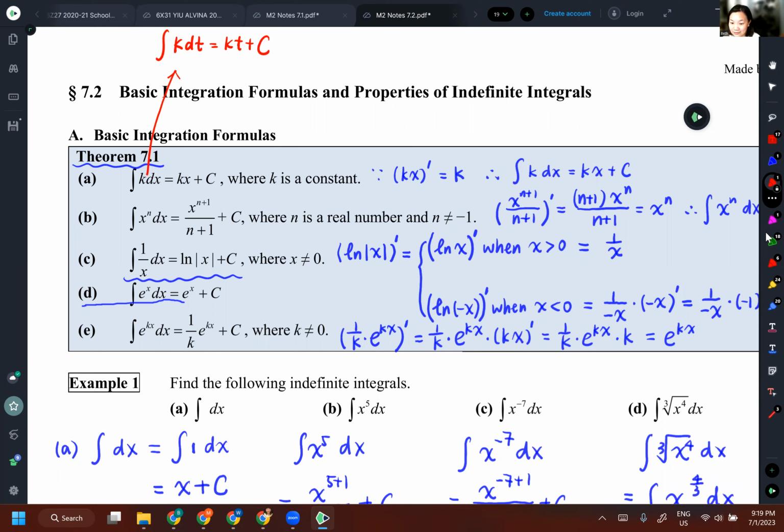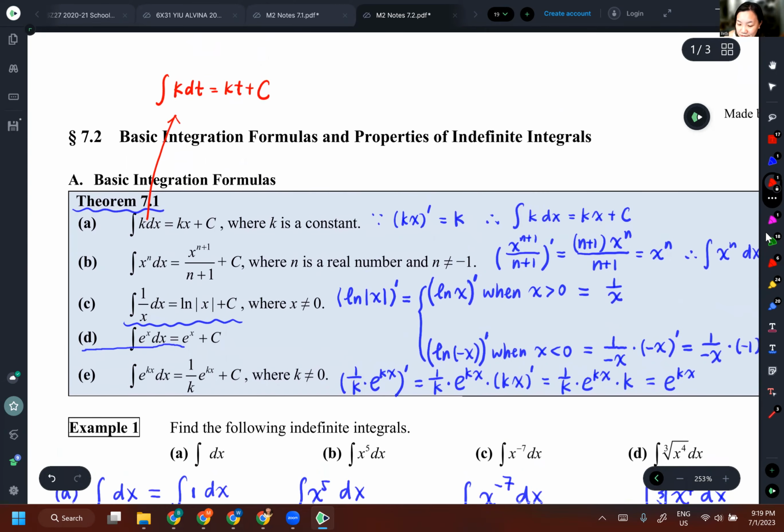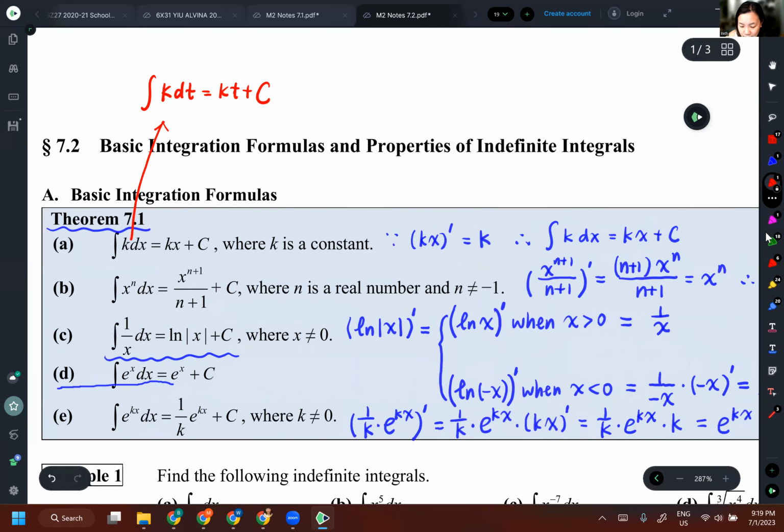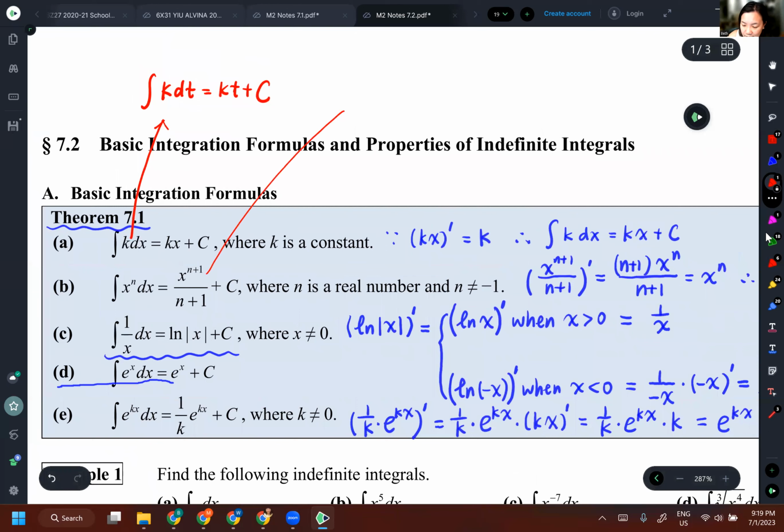If that's correct, you should expect something else is wrong. For example, if I have this one and I change it to x, the integral of t^m dt equals x^(m+1) over m+1 plus c, it obviously is wrong.